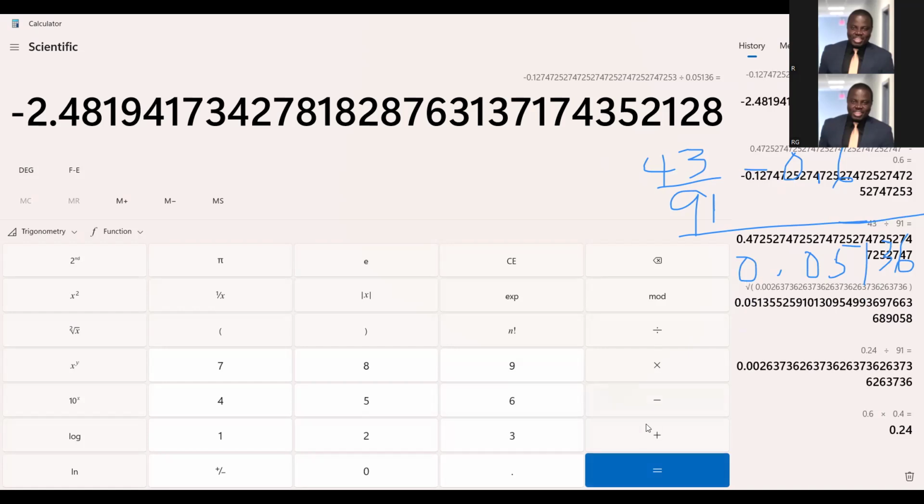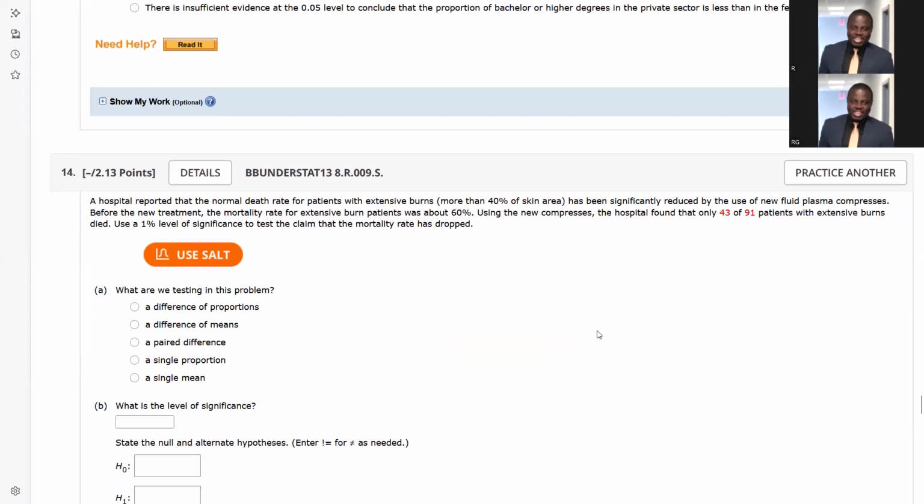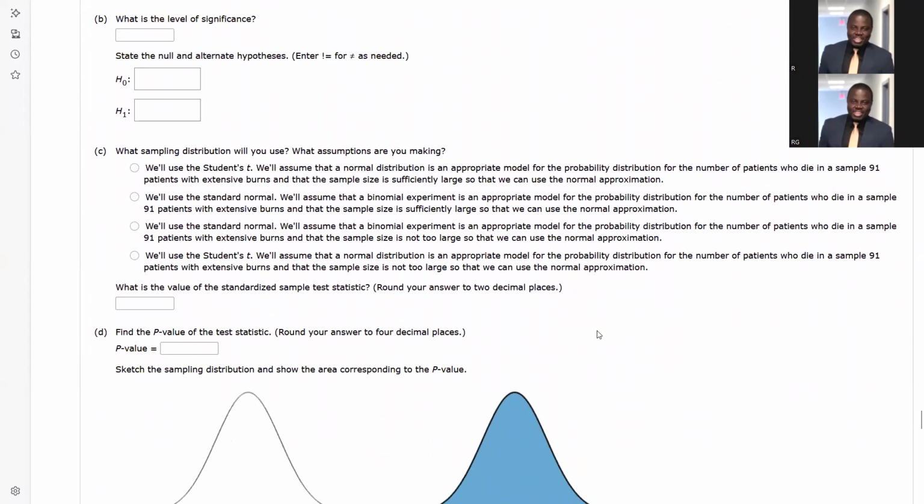So my Z test statistic is going to be negative 2.48, and that's going to be my answer right here. Negative 2.48, sorry.